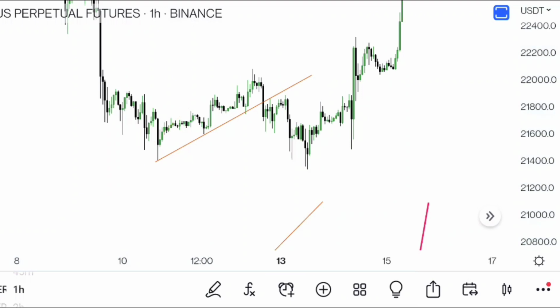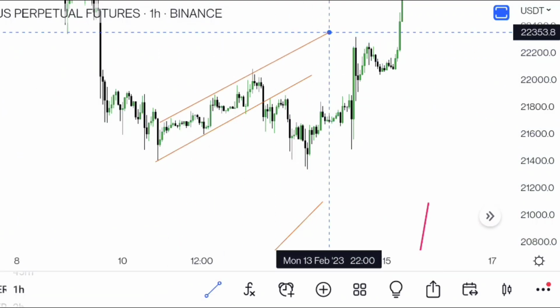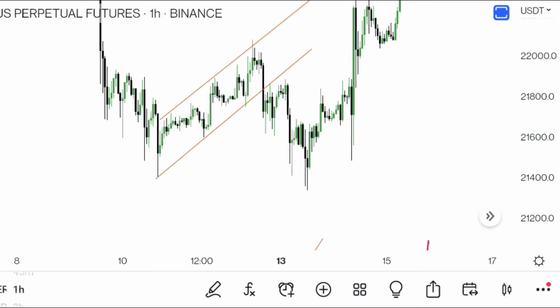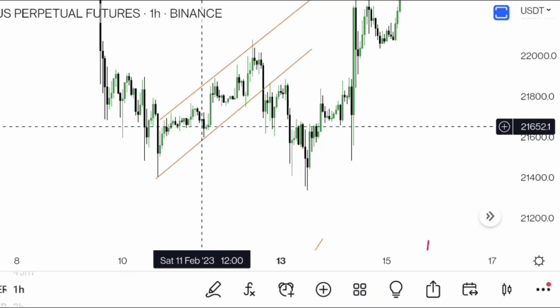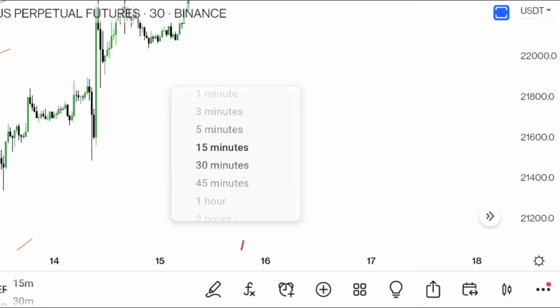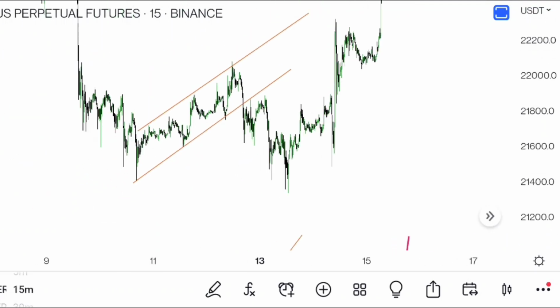Let me draw another one. So it went up, okay? And now here you would think whether to get an entry or not. So what you do is you shift to smaller time frames. Like I will shift to 15 minutes and we will see.